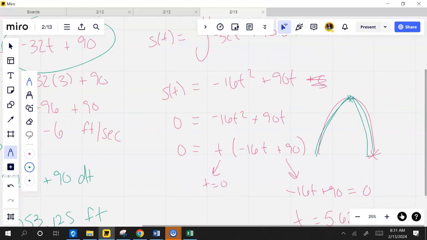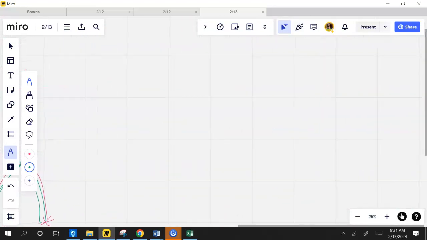Got it? All right, what else on your homework? That was 11.